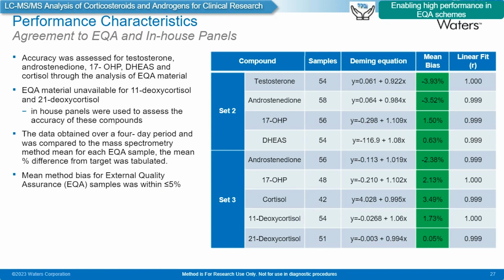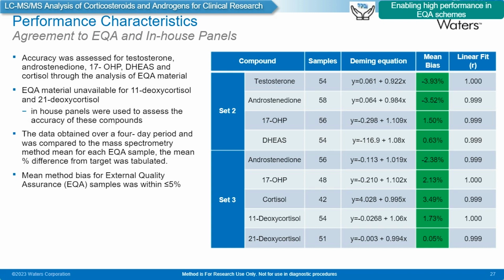Moving on to some performance characteristics. We looked at agreement with some EQA material and also in-house panels. There was only EQA material available for testosterone, androstenedione, 17-OHP, DHEAS, and cortisone. Unfortunately, at this moment in time, as far as I'm aware, there's no EQA material for 11-deoxycortisol and 21-deoxycortisol. So we used some in-house panels, which were independently gravimetrically prepared, to assess the accuracy of these compounds.